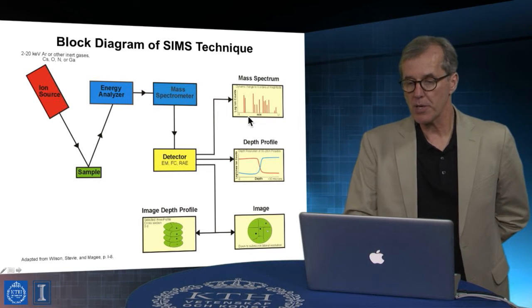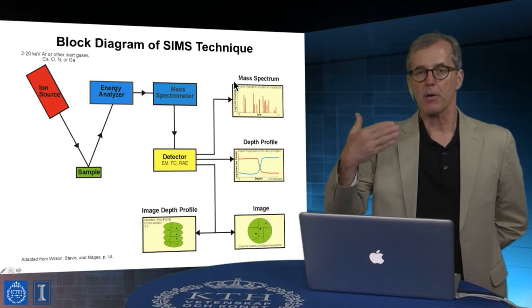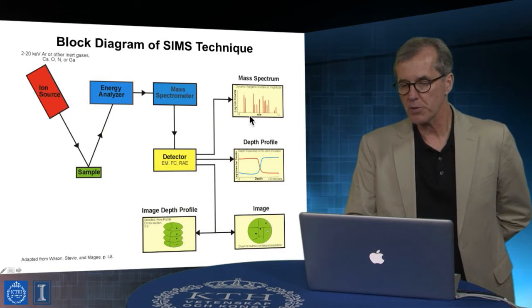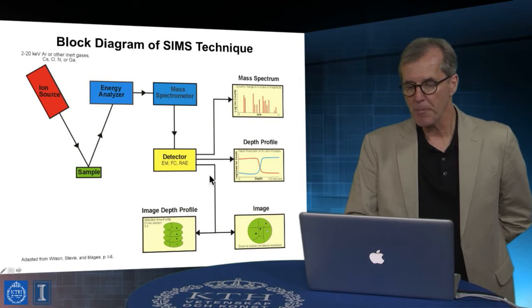So what would be measured here in the mass spectrum is intensity. That's the number of ions arriving with particular charge to mass ratios. All right, and that's a conventional mass spectrum.